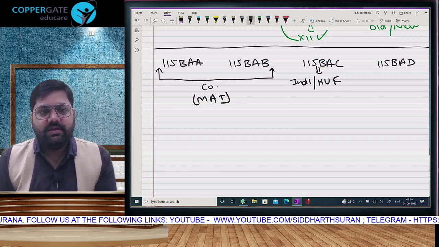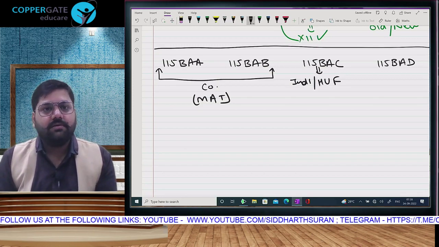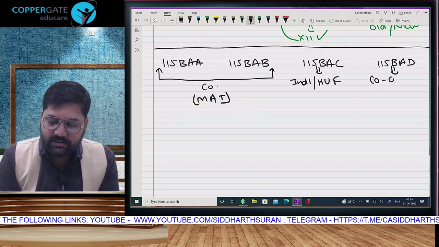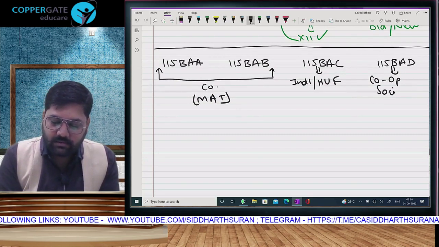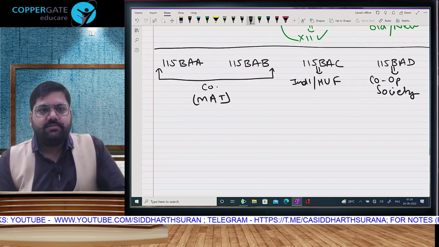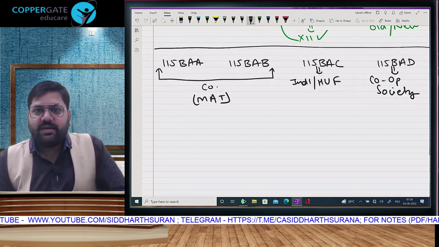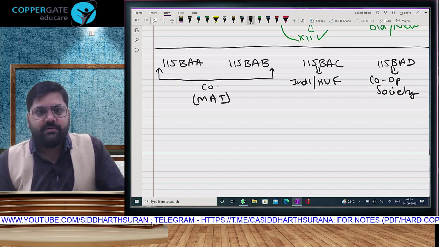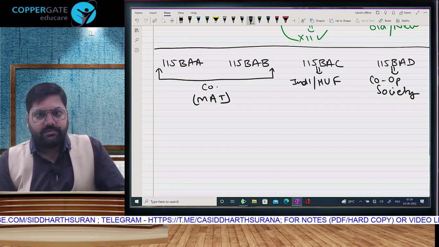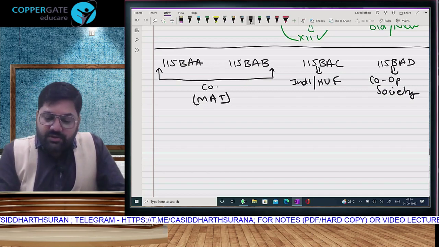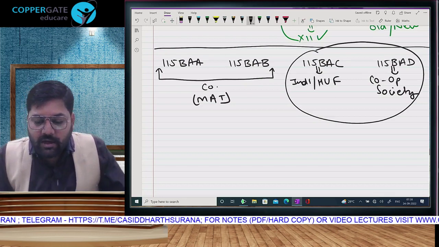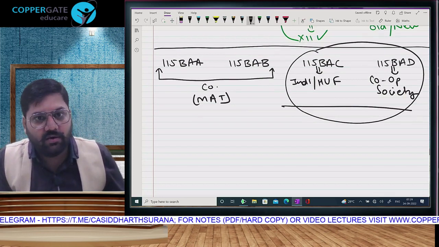115BAC will be done in this chapter, and 115BAD is for cooperative societies. Have we studied the old rates of cooperative societies here? So we will study the new rates also. So these 2 sections I will cover with you in the introduction chapter, because for these assessees I have covered the old rates already.